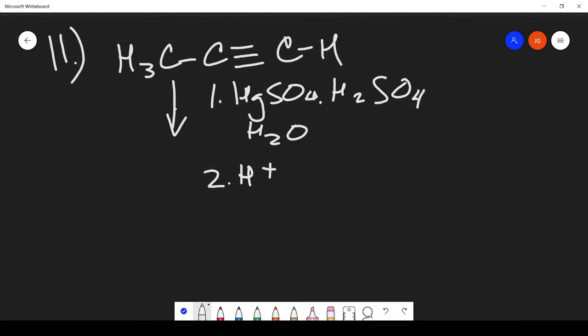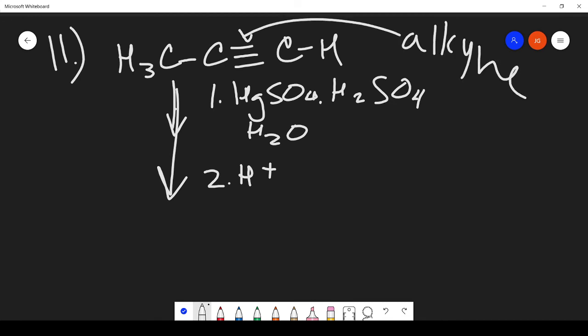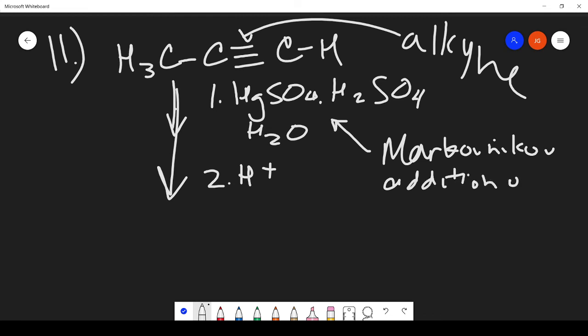Now if you remember this from your alkyne reactions, be careful here, this is an alkyne, not an alkene. If you remember from your alkyne reactions, this is the Markovnikov addition of HO, or OH, they're the same thing.